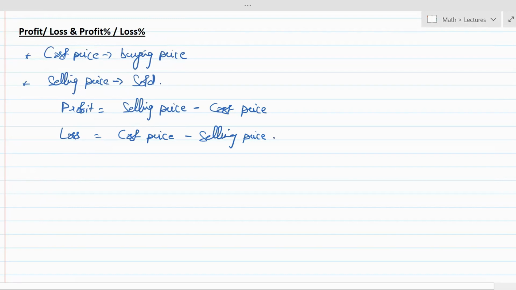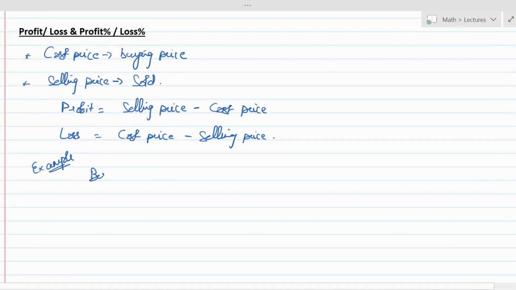To understand this concept in a better way, let's consider this example. You are doing some shirts business and there's this particular t-shirt which you have bought for 1000 rupees.